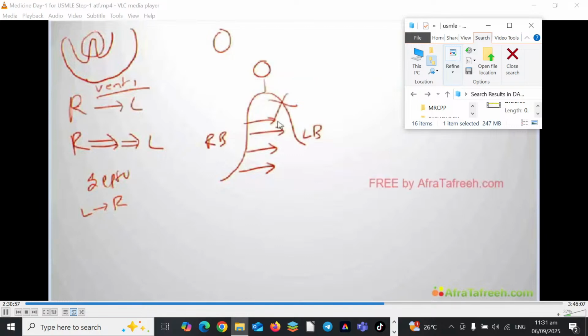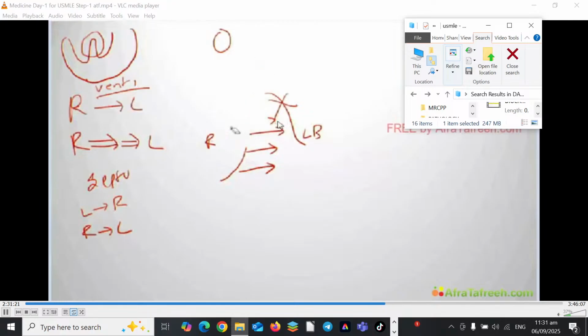But now there is no left bundle. Because there is no left bundle, this will also become right to left. Is it clear? So the septum earlier was left to right, now it becomes right to left, and the ventricle already was right to left, now becomes right to very, very left.